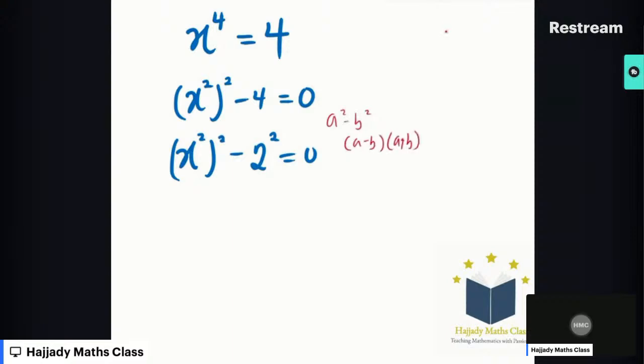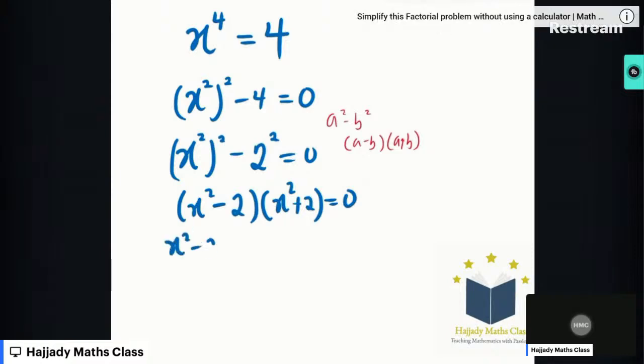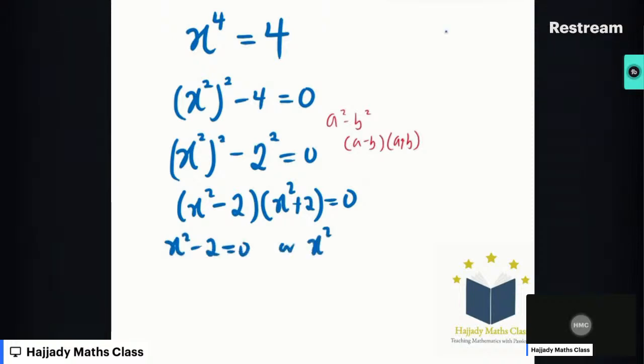So using the same approach here, I'm going to have x squared minus 2, x squared plus 2 equals 0. So here, I have that x squared minus 2 equals 0, or x squared plus 2 equals 0. So here I have that my x squared equals 2, or x squared equals negative 2.